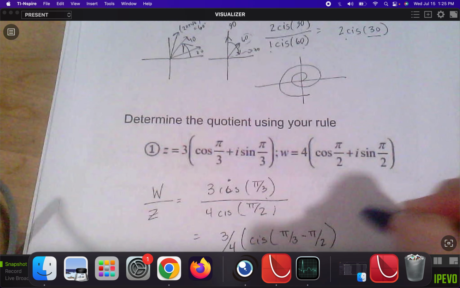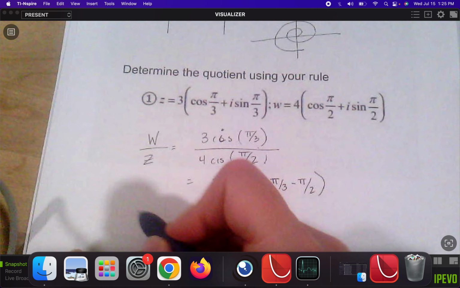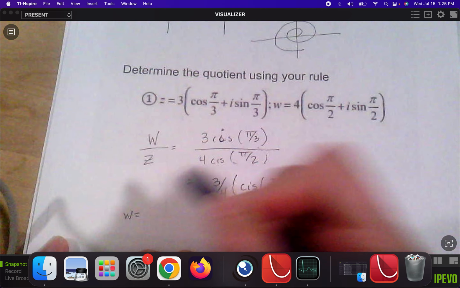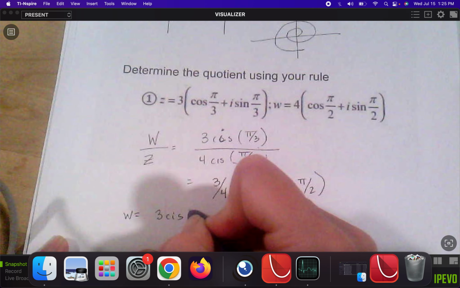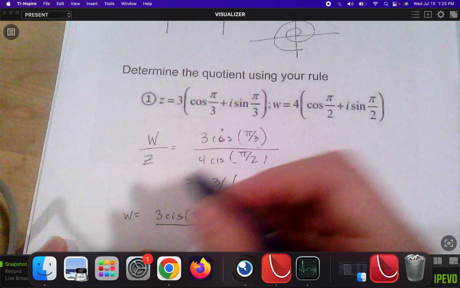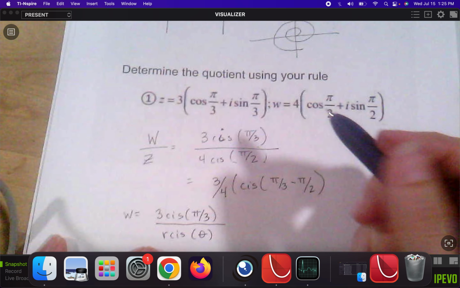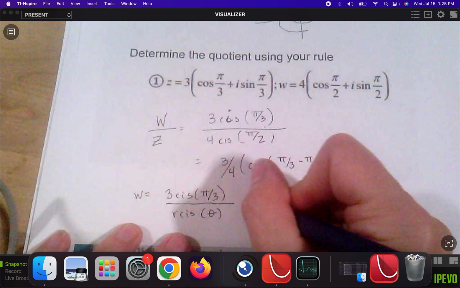So a common IB style question for this might be something like, if W is 3 cis pi over 3 and we divide it by r cis theta, and we get this new guy, right?